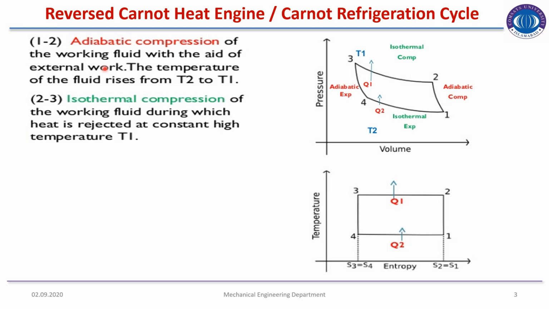For process 2 to 3, this is an isothermal compression. You see 2 to 3 written here in green color, isothermal compression. It is isothermal compression of the working fluid during which heat is rejected at constant high temperature T1.